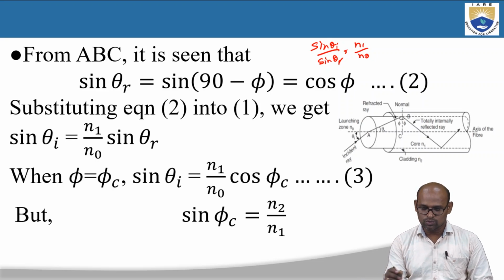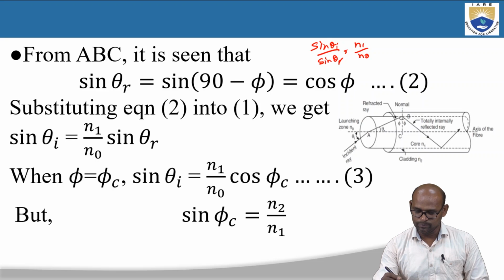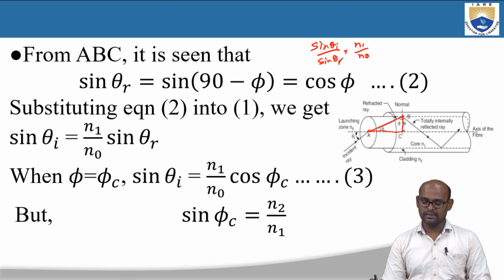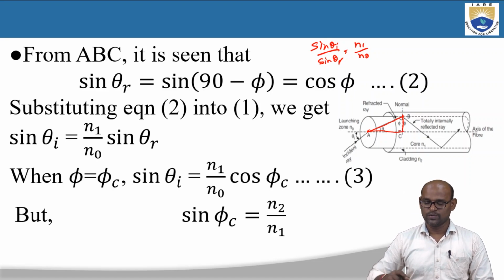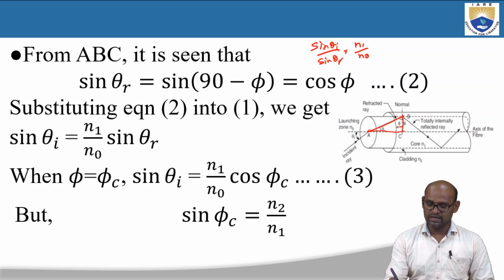To find sin theta r in terms of phi, we take this triangle ABC. Using this right angle triangle, we know the sum of the angles is 180 degrees, and one is already 90 degrees.